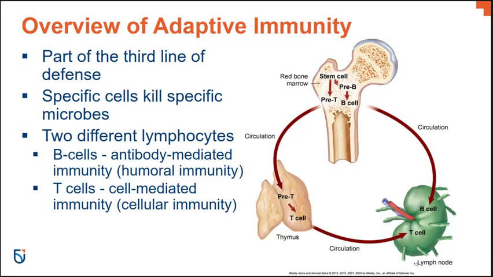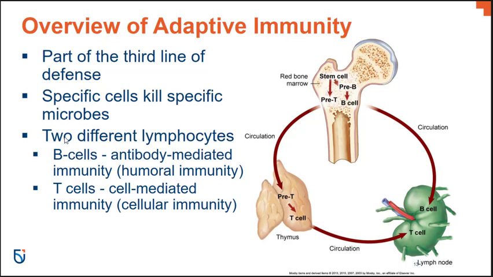We have just finished discussing innate immunity, and now we'll move on to talking about adaptive immunity. Adaptive immunity is considered our third line of defense. This type of immunity is specific rather than non-specific like innate immunity. So there are specific cells that have adapted to kill specific microbes. Adaptive immunity is orchestrated by two different classes of white blood cells called lymphocytes.